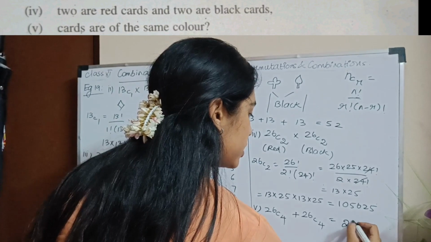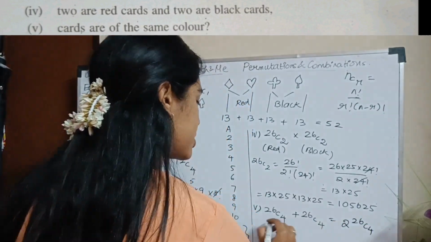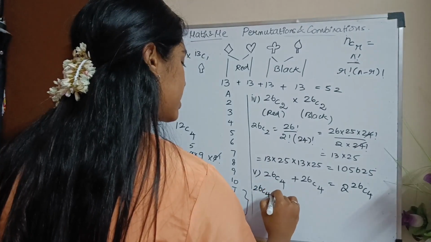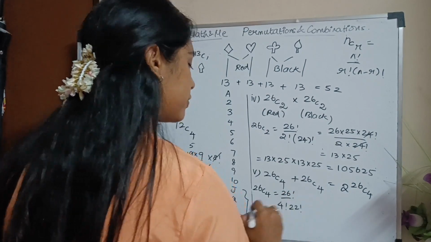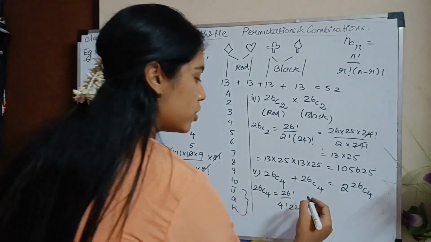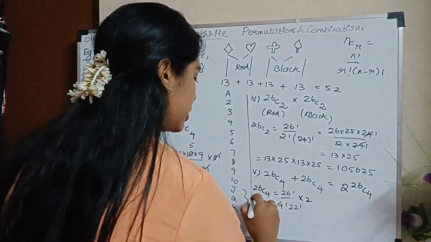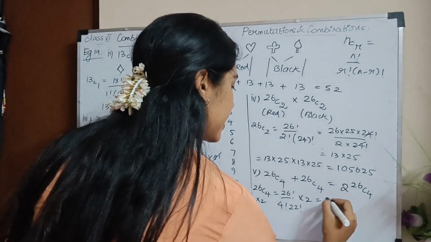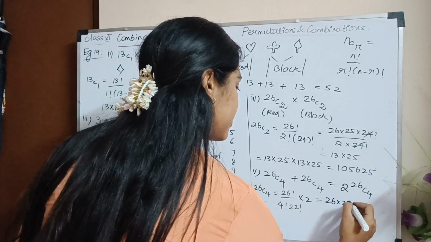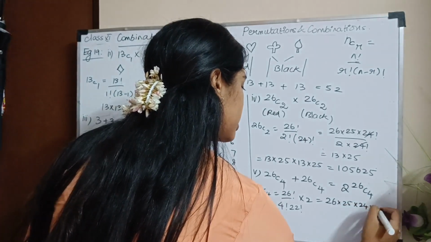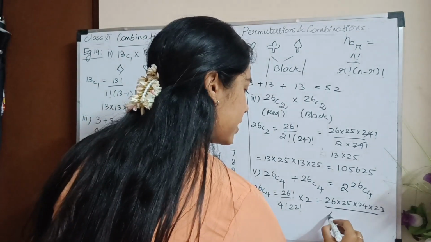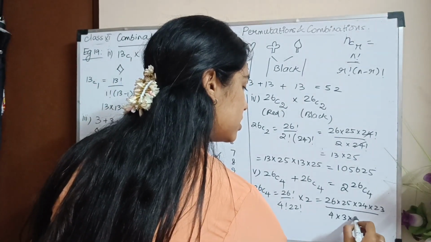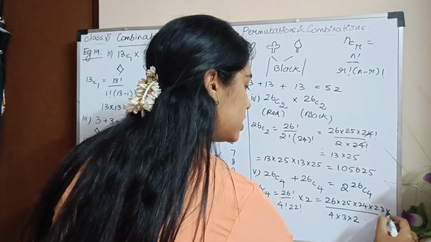So I have 2 times 26C4. What is 26C4? 26 factorial divided by 4 factorial times 22 factorial. 26 minus 4 is 22. So into 2. Don't forget the into 2. I'll just add it here. So what will I have? 26, 25, 24, 23 times 22 factorial will get cancelled, divided by 4, 3, 2 times 22 factorial, into 2.